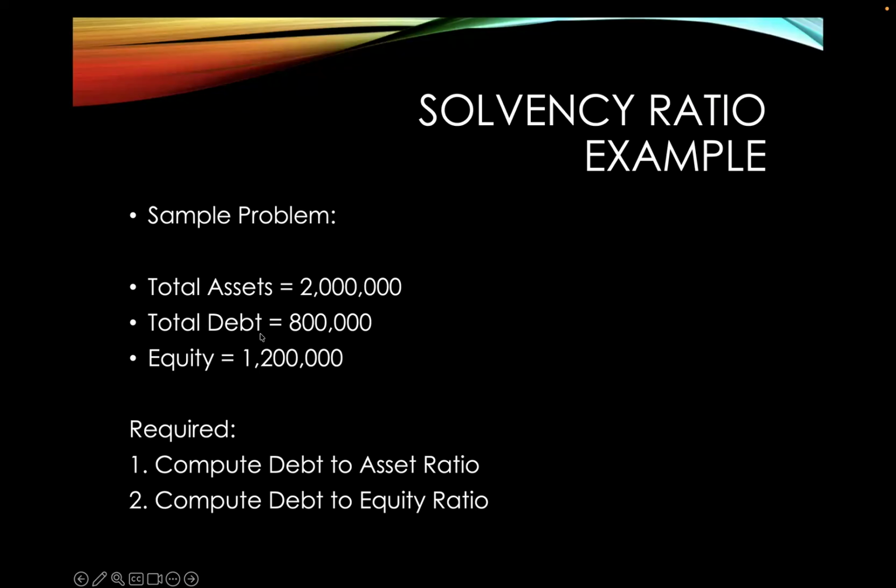Here, your total liability is 800,000 and your total equity is 1.2 million, so that's 2 million. That's the accounting equation. Now, the requirements are, number one, compute the debt to asset ratio, and number two, compute the debt to equity ratio.